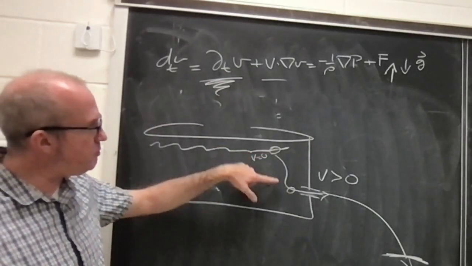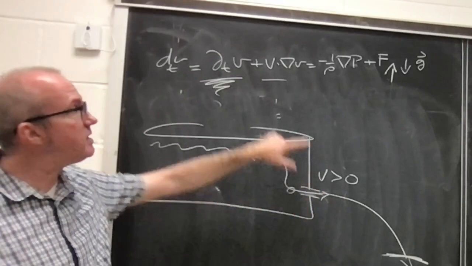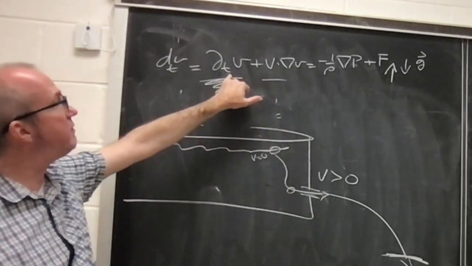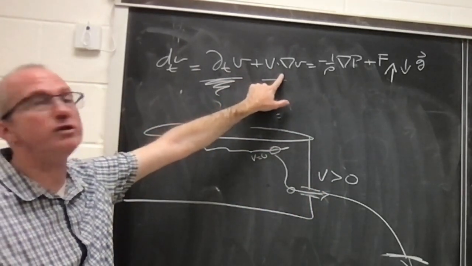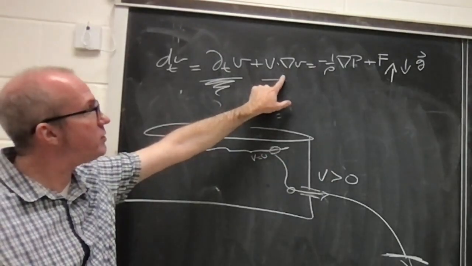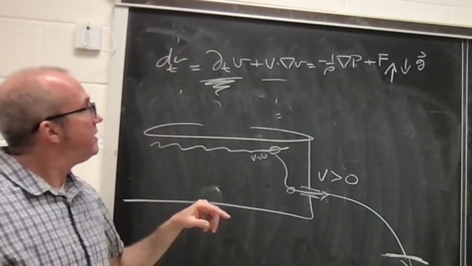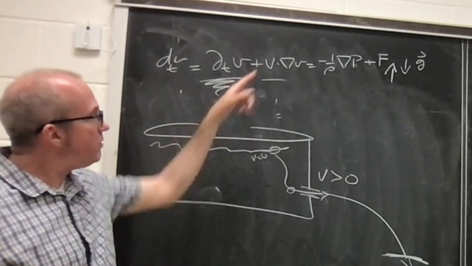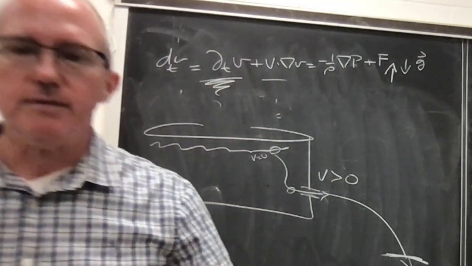But as I move through space, the velocity changes. That's the difference between these two terms. This is the fixed in space term, and this is the moving through space term. That is the acceleration of the fluid. So we'll just have this one. Let's deal with that equation real quick.